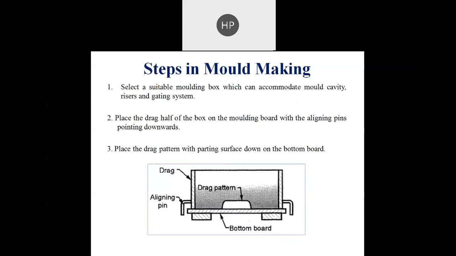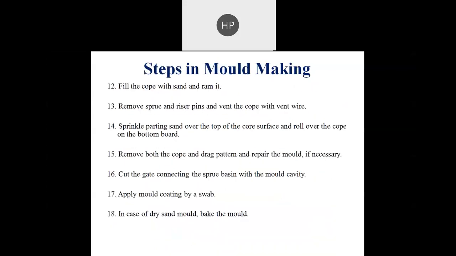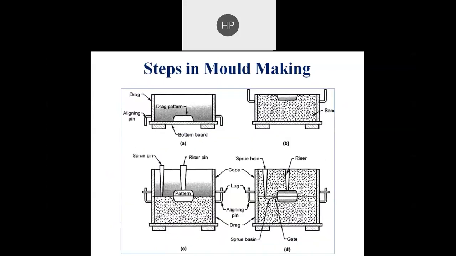Then in the last lecture, we talked about the steps involved in mold making. In mold making, first we put the pattern and drag on a bottom board. Then we fill the sand all around the pattern.